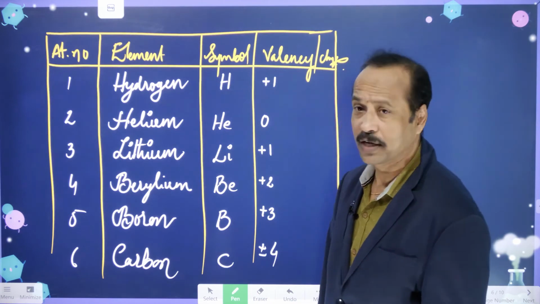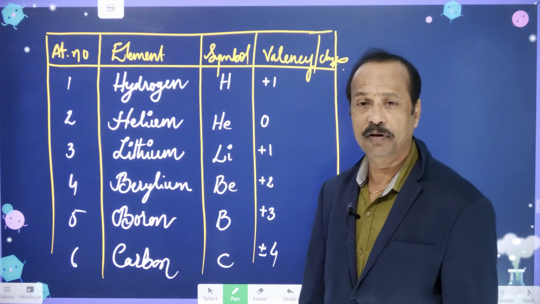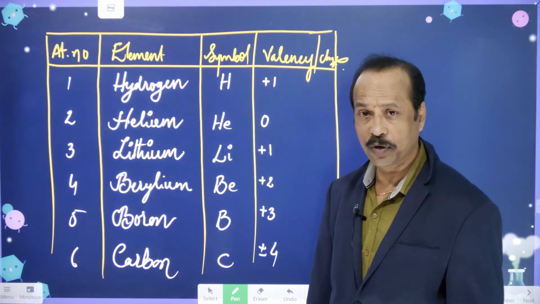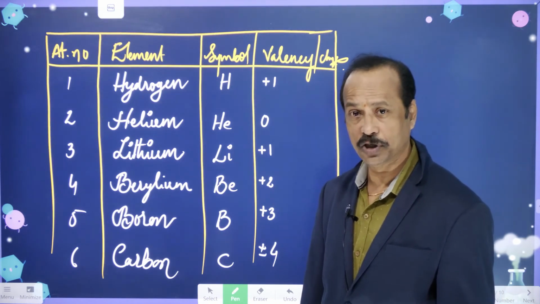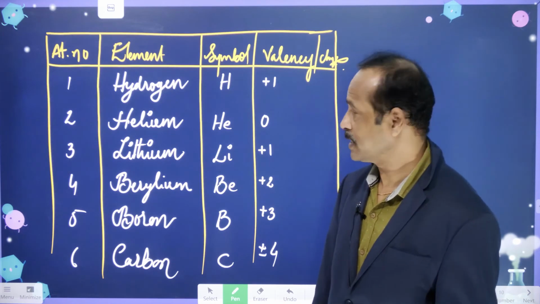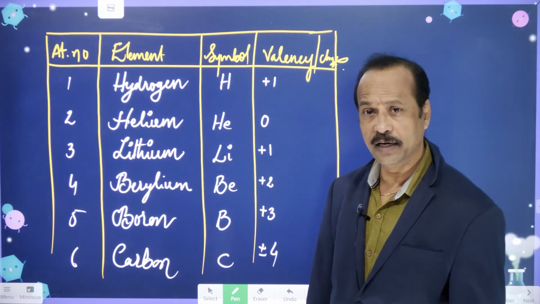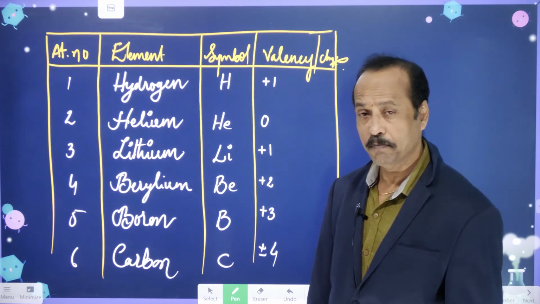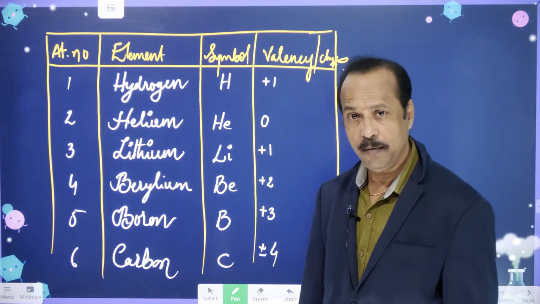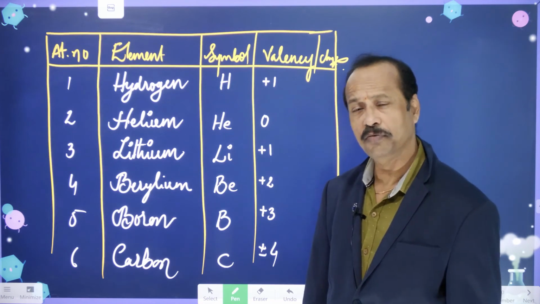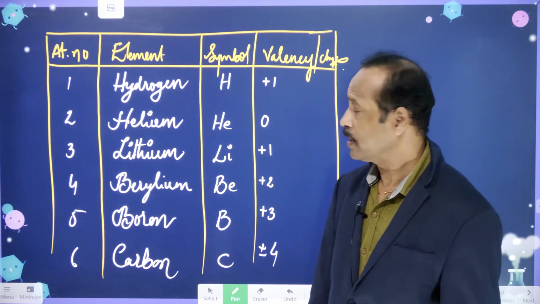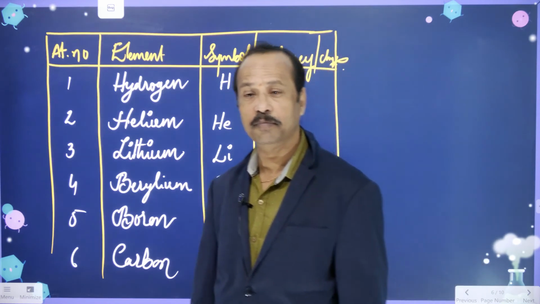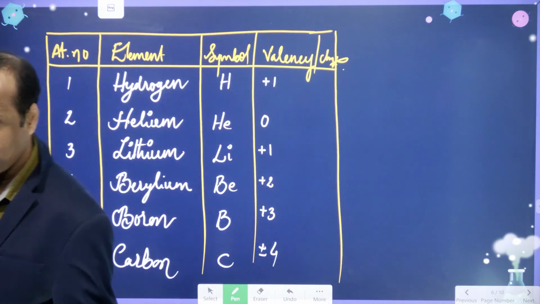Wherever it is, in your classroom you paste it. Anyone can make one chart of this up to 20 elements, and I am going to give some other important elements and their charges too. Neatly make one chart and paste it on the wall in your classroom or where you frequently go, and every time you go, just read hydrogen, helium, lithium, beryllium, boron, carbon, like this.